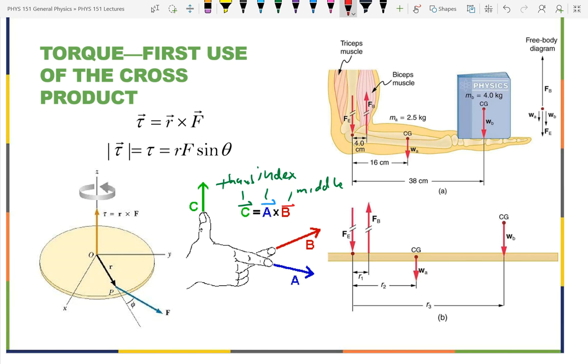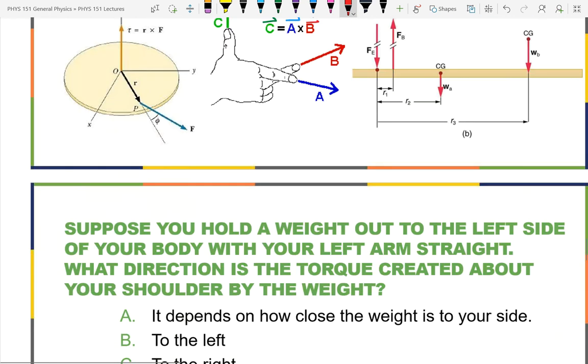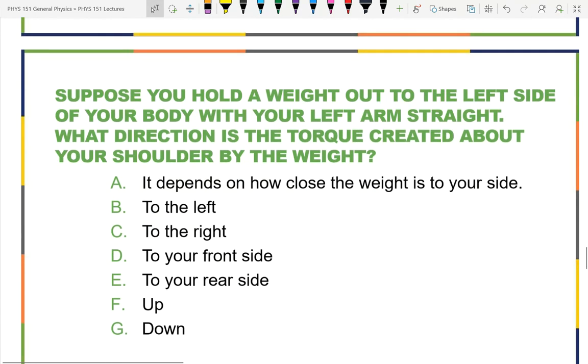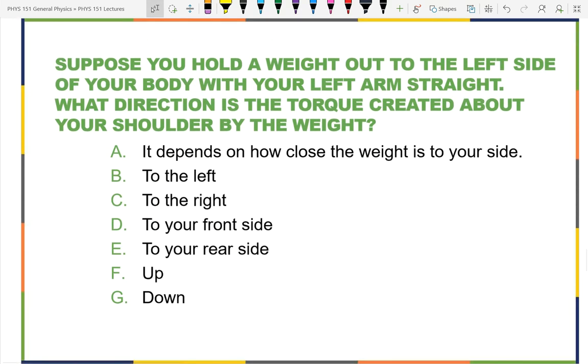So let's just see if I have, I don't think I do have another clicker question. We'll end the day with this clicker question, and then we'll, of course, do more stuff with this on Friday. Suppose you hold the weight out to the left side, this way. With your left arm straight, what direction is the torque created about your shoulder by the weight?